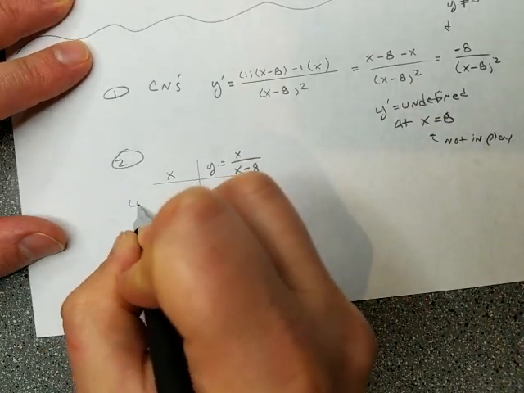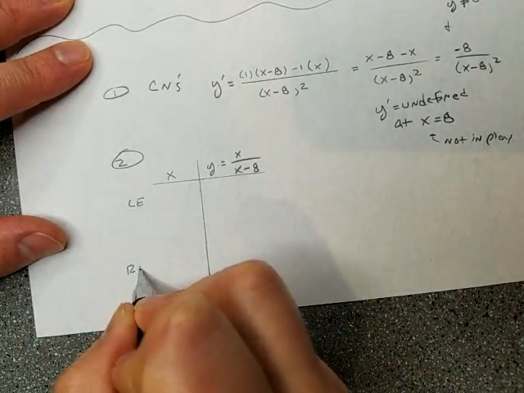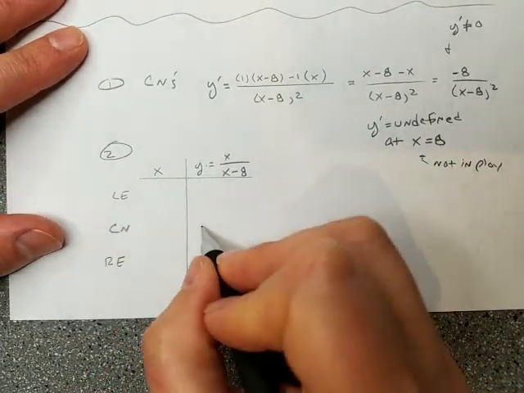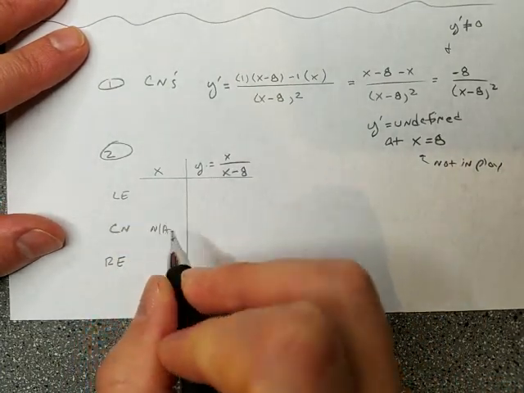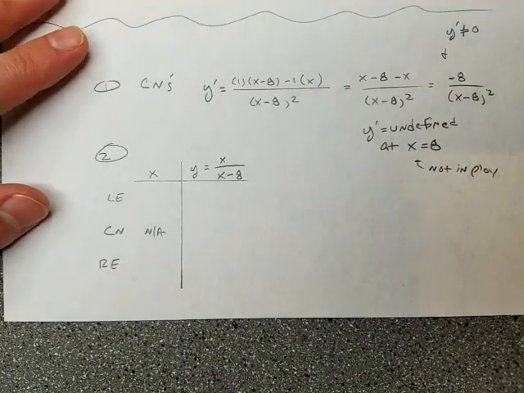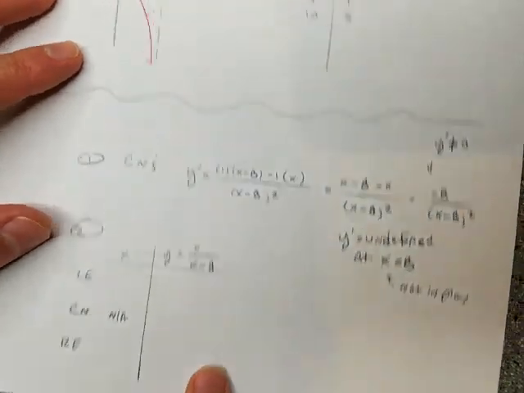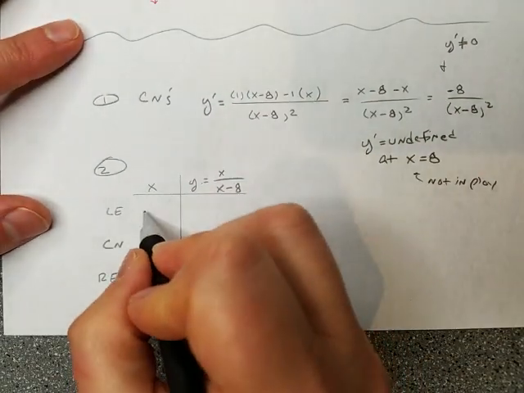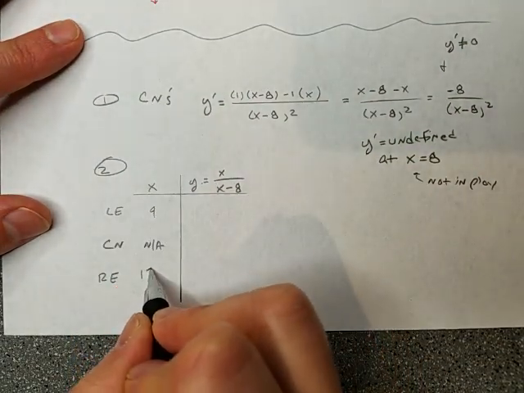I put the left endpoint, right endpoint, and critical number, and at least this time, the critical number is not applicable. There isn't one. There's not a critical number on this curve in the window that we're looking. All right. So, my left endpoint's 9 and the right one's 13.